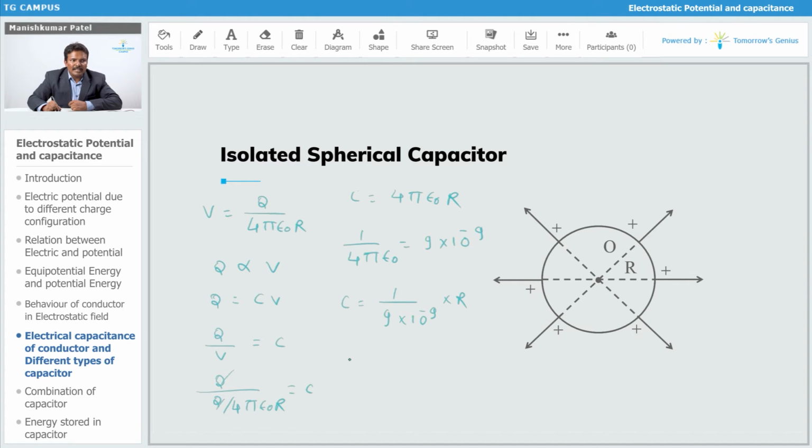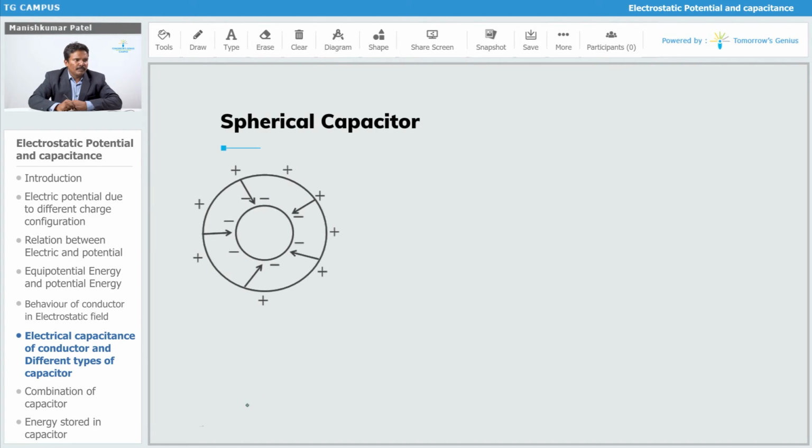So it is almost impossible to make a capacitor of 1 farad. This is about the isolated spherical capacitor.